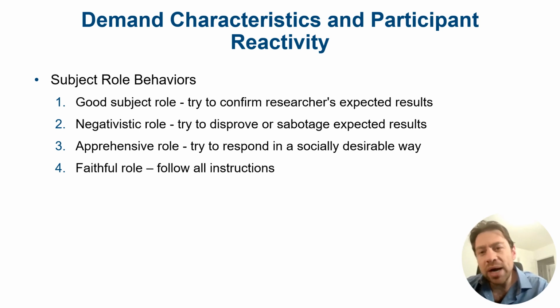Okay, and then next you have the apprehensive role. This is when people try to respond in a way that is socially desirable. These people are concerned about their performance. They are concerned about being judged. And they want to present themselves in the best possible light. So a person playing this role will try to respond in ways they believe to be socially acceptable and desirable.